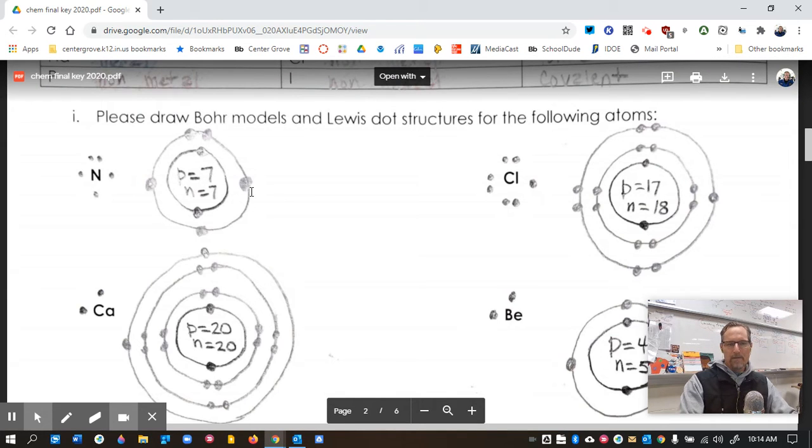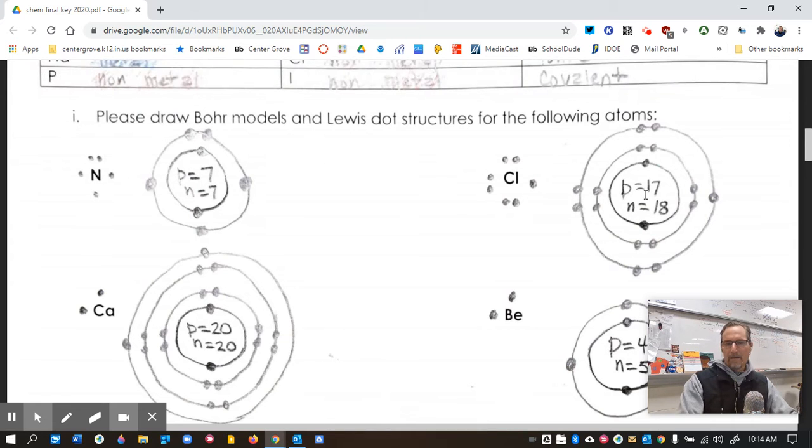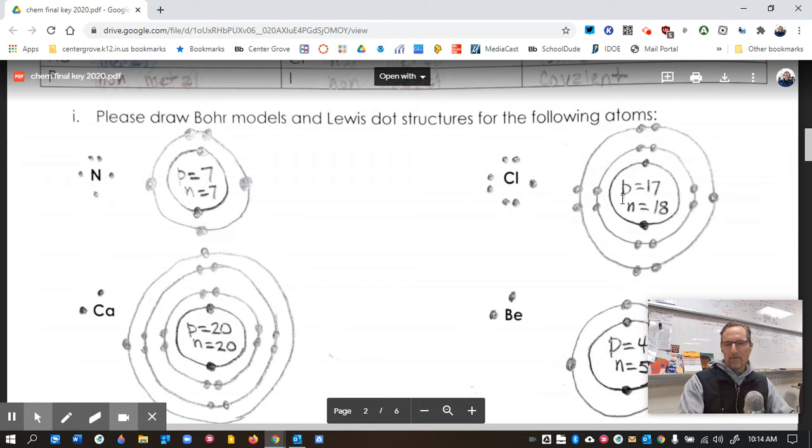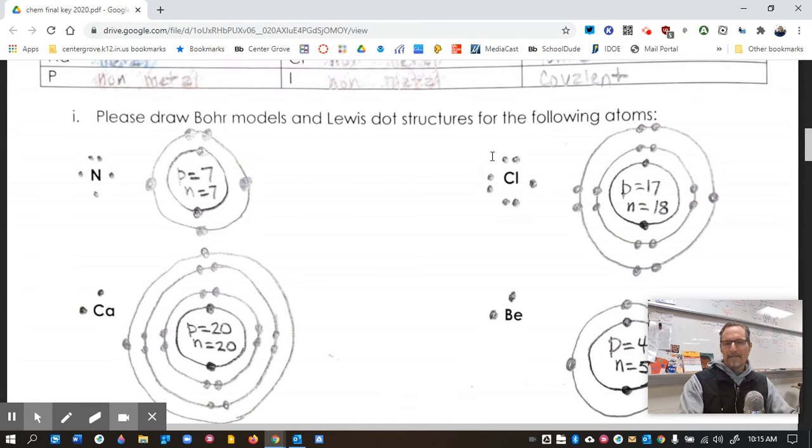So it'd be like 1, 2, 3, 4, 5, like that. So like on chlorine over here, it's atomic number 17. And so again, I have 17 electrons around it. So that would be 1, 2, 3 shells, and only 7 in the outermost shell of chlorine.